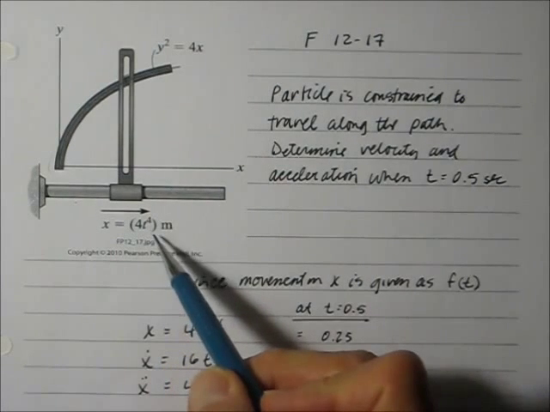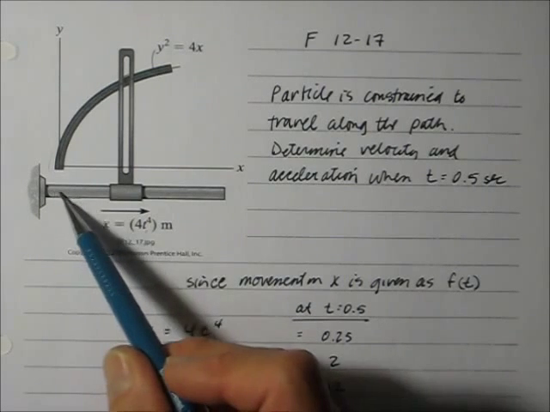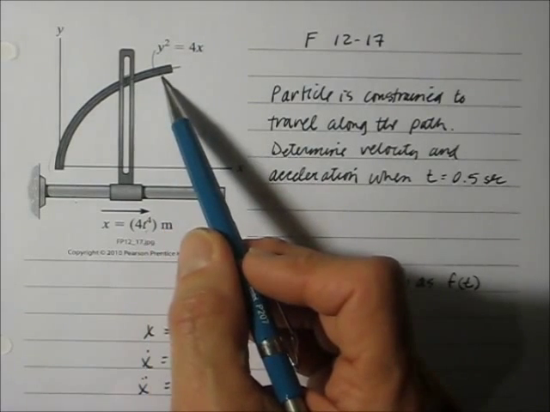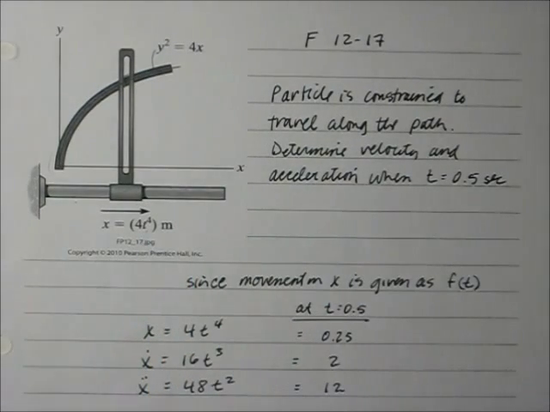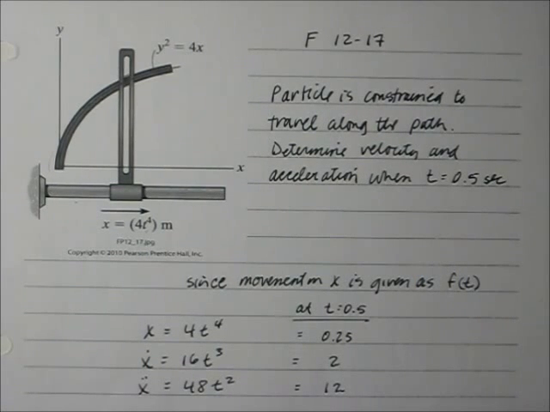The x behavior is defined in the problem as a function of time, so whatever happens in the x direction down here is the same thing that happens in the x direction up there, because those are all constrained. Our question is to determine the velocity and acceleration when t is equal to 0.5.